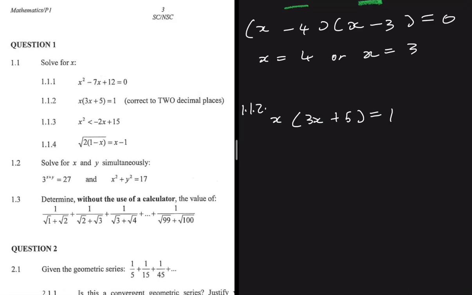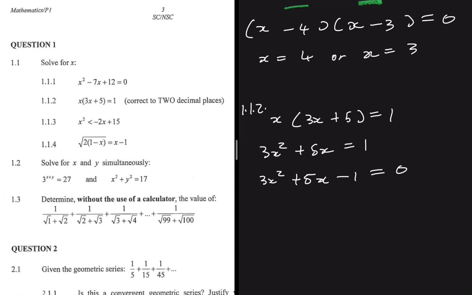So let's write this in standard format. If we expand the left hand side, we get 3x squared plus 5x is equal to 1. We take 1 to the other side to get 3x squared plus 5x minus 1 is equal to 0, right?